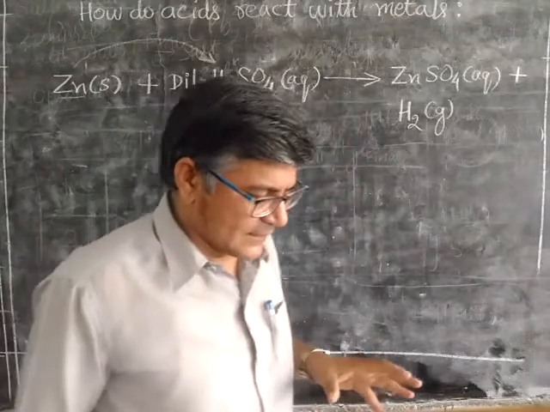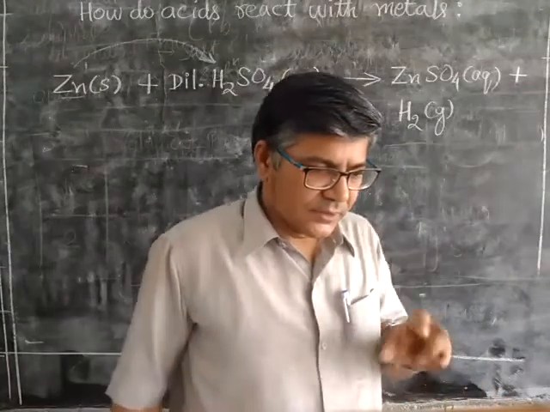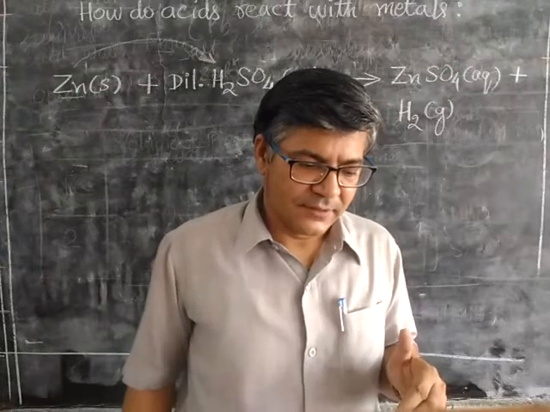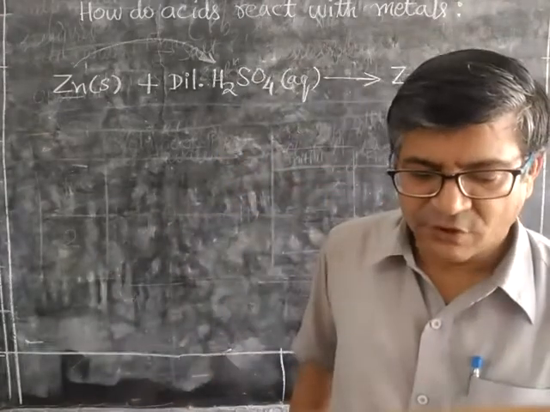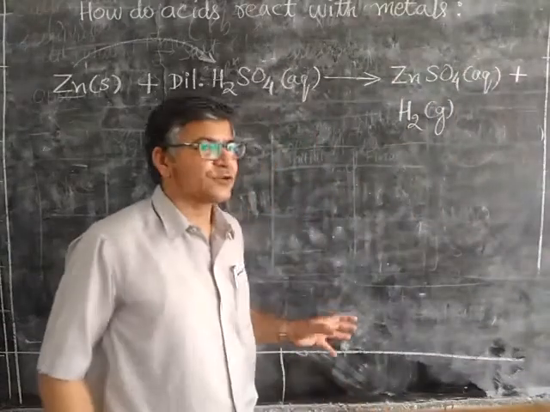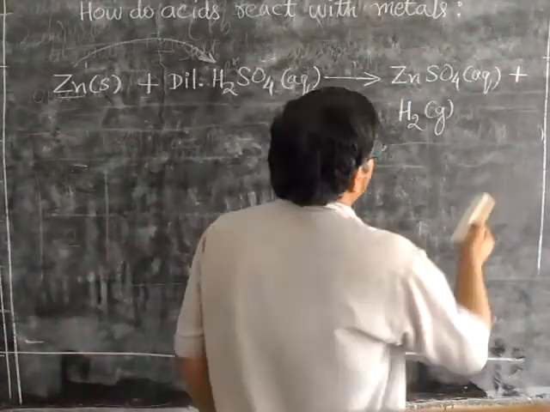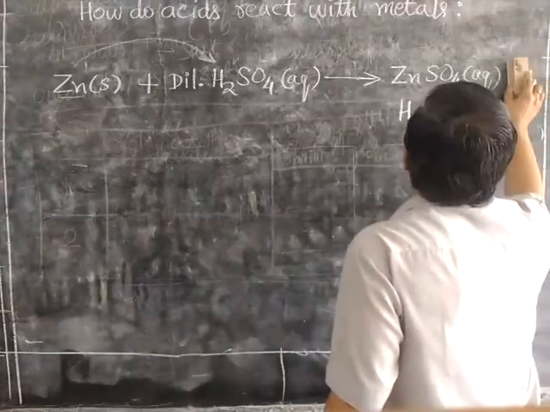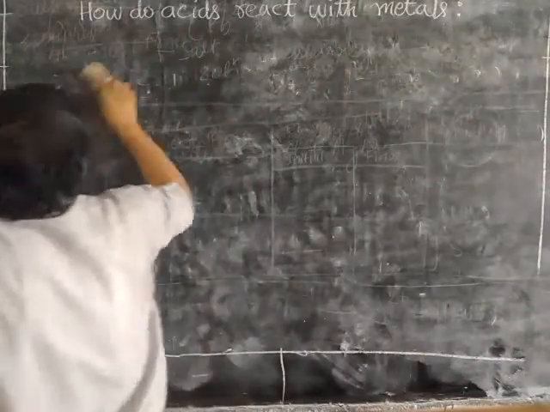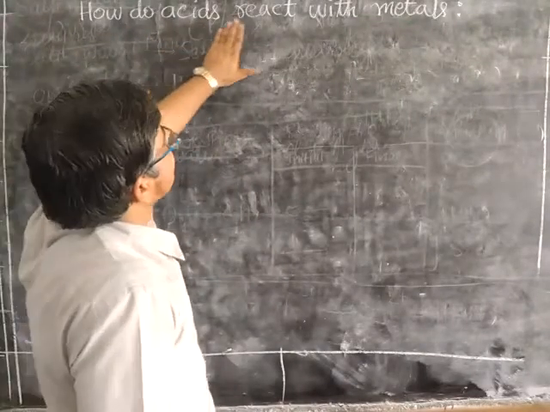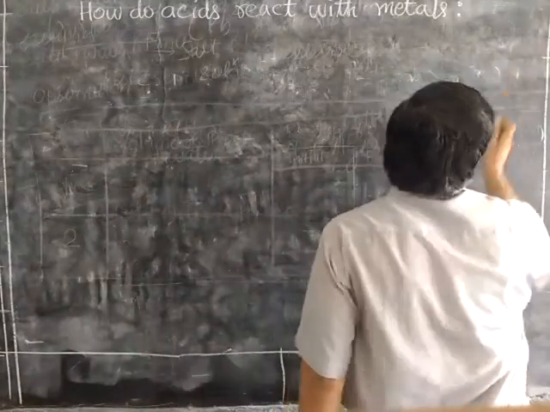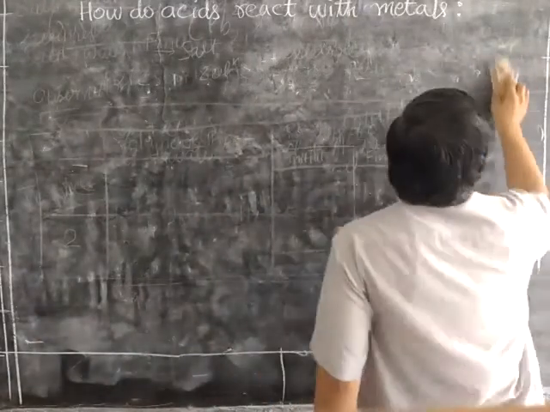In that chapter, the reactivity of certain elements or metals is compared with hydrogen. So let's note it down once again and see what is going to happen if acids react with metals. You can clearly find out from that concept.